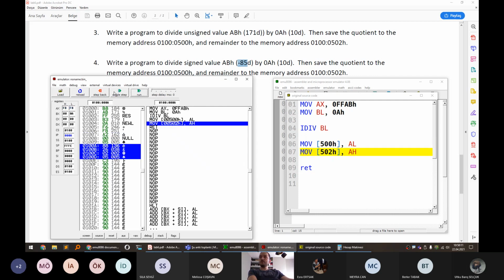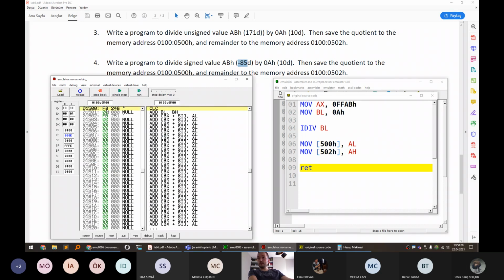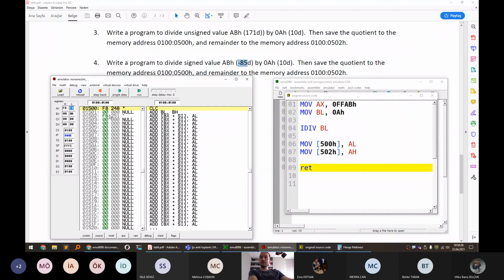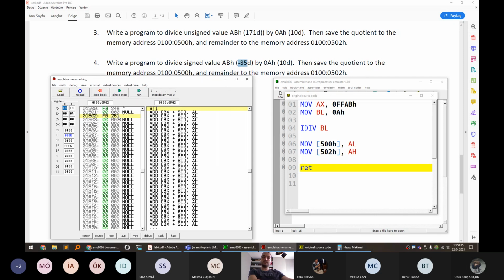Okay, these values should be stored into 500 and 502. Let's go over and look at the values. This is F8, the result. F8 is -8. FB is -5. But look at here.